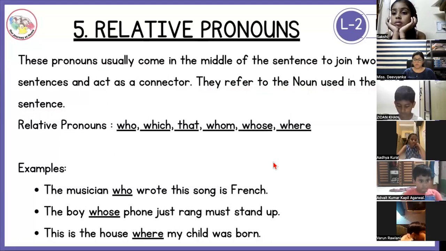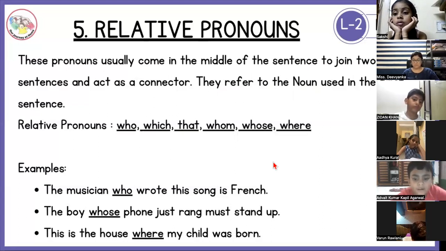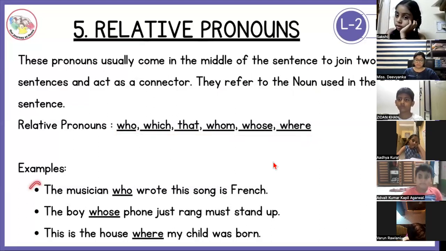What are the relative pronouns? Advait, read all these words, darling. Who, which, that, whom, whose, where. Correct. So all of these words are what? Relative pronouns. Now let's look at examples.